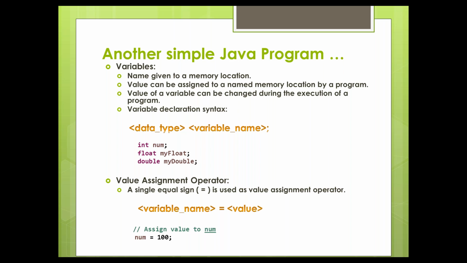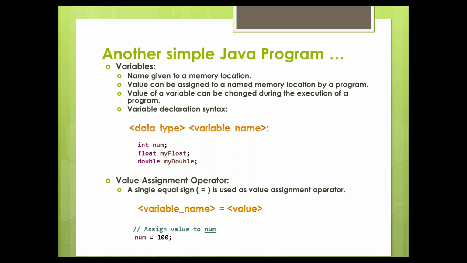In one of our discussions related to microprocessors, we covered briefly about memories, physical memories, primary memory and secondary memory. What do you do with those memories? You store some data, some information in those memories.